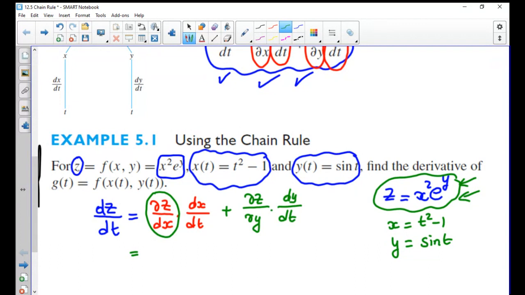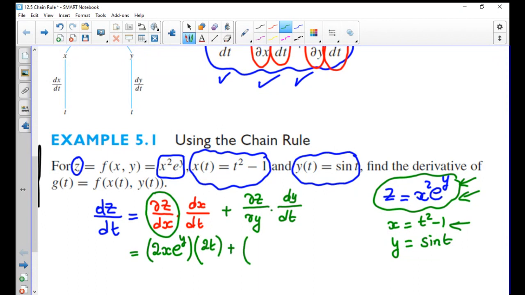Thank you, Noor. Yes. So it's going to be 2x e to the power of y. So this is the dz over dx. Multiply by dx over dt. Here is x. 2t, thank you, yes, 2t.